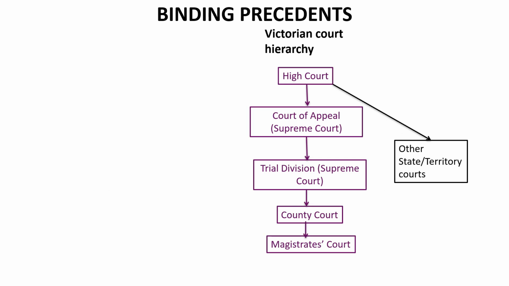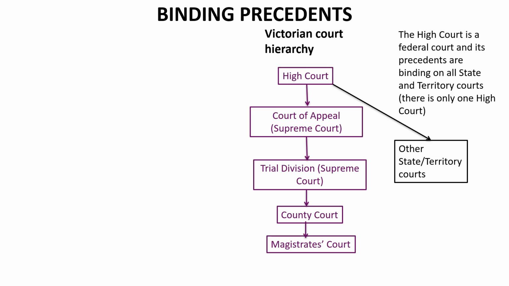To understand when a precedent is binding, you have to remember the Victorian court hierarchy, which we looked at in a previous video. You'll remember that the High Court is the highest court in the Victorian court hierarchy. The High Court is a federal court in the sense that there is one High Court for the whole of Australia, and it is at the top of each of the state and territory court hierarchies.